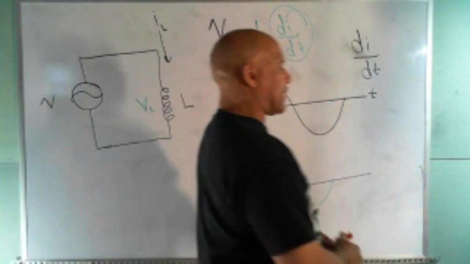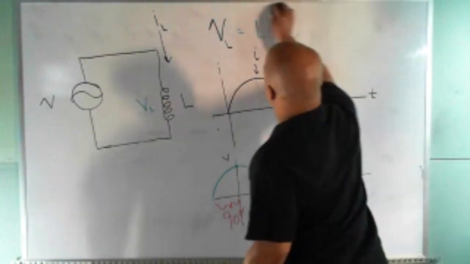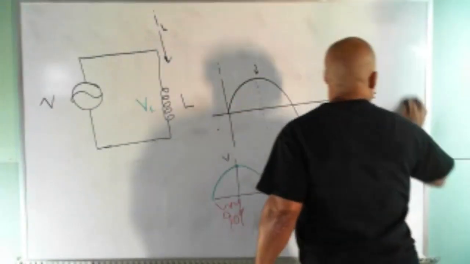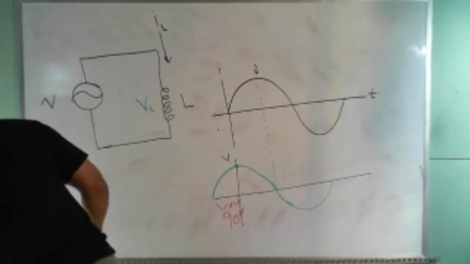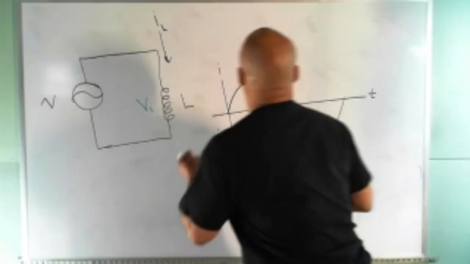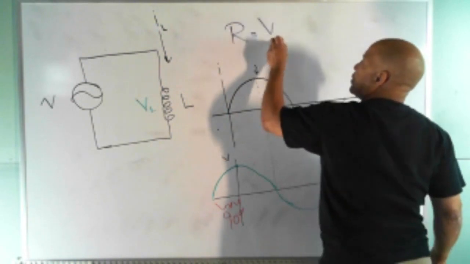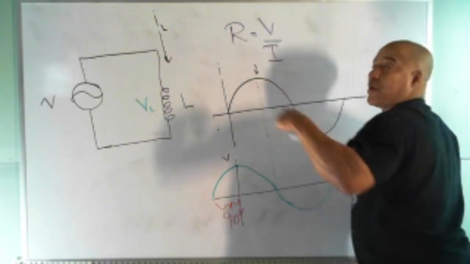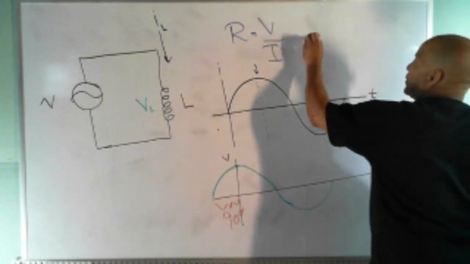So now I want to go back to that equation that I talked about earlier. We know that resistance equals voltage over current. But I want to rewrite this. I just want to say opposition.